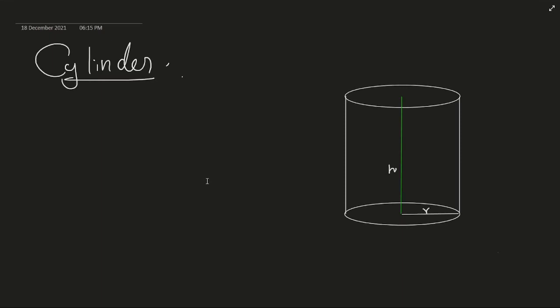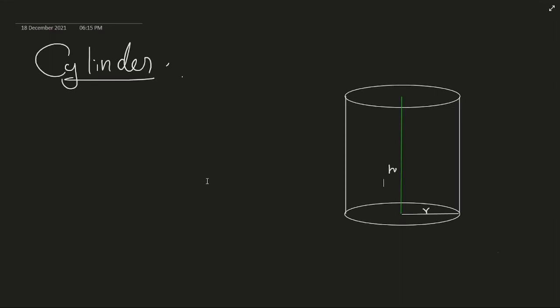But if I fold it like this, you can see it is like a cylinder. But if I open it, it will become a rectangle. Yes or no?